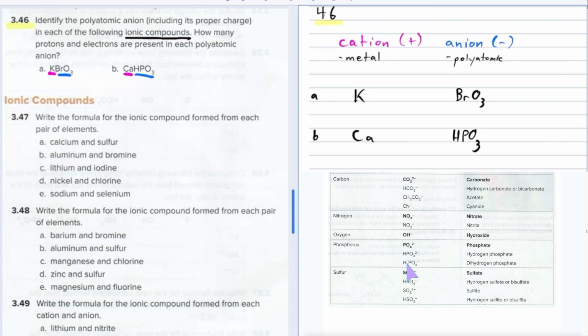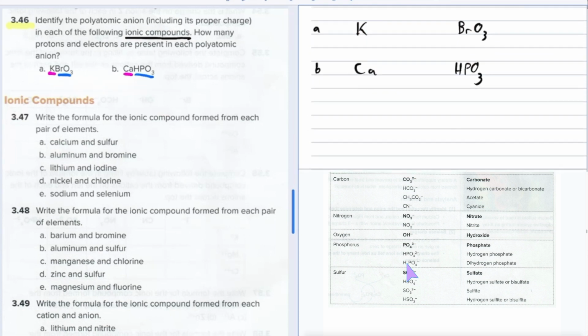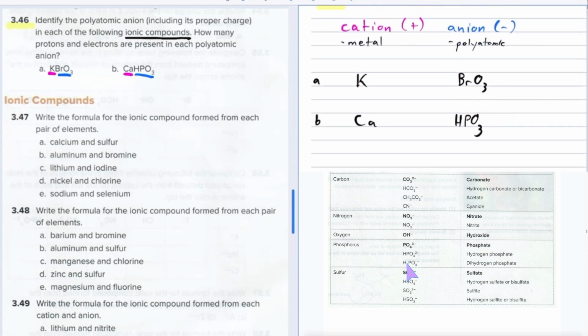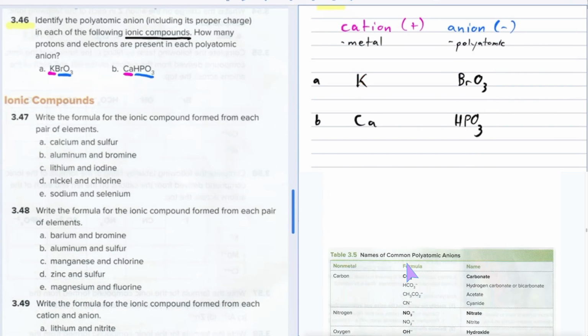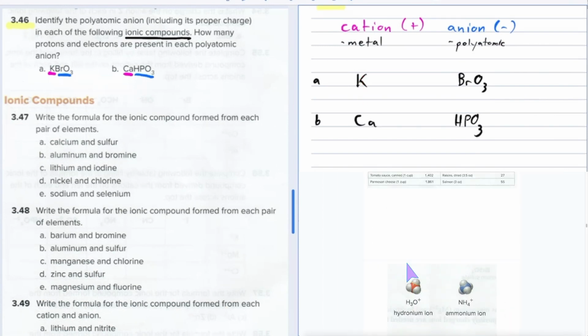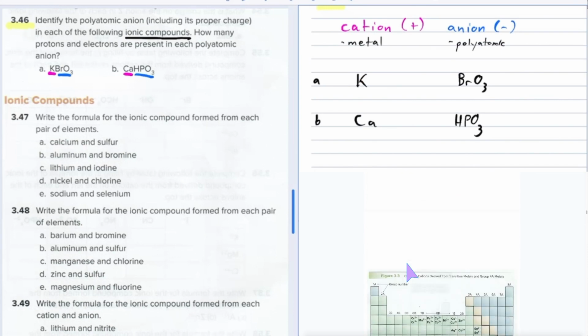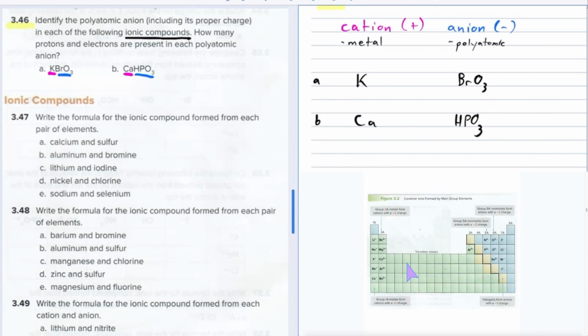So how do we figure out what the charges are? Well, the way we do it is by figuring out the charge on the other one, because charges have to balance. If we know what the charge on the calcium or the potassium is, then we can figure out what the charge on these guys are. So let's go find the charge on potassium and calcium. Here, you go back to the periodic table, figure 3.2.